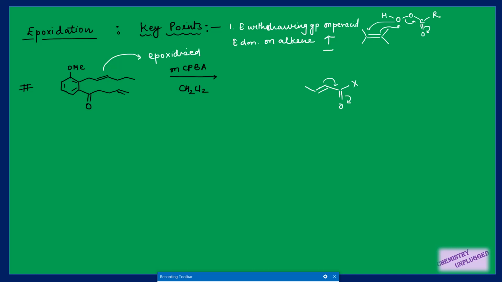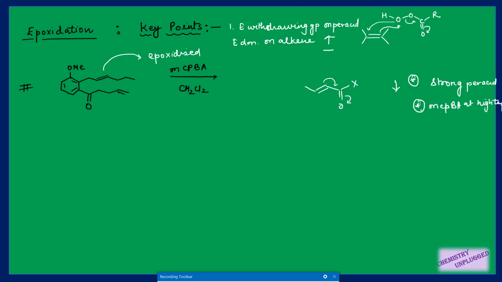That is why it is not easily available for donation, so its epoxidation ability will decrease, right? So whenever you have this type of groups, most of the time MCPBA is used with high temperature conditions, right? Strong per acids are used, we can use strong per acid for them. We can use MCPBA at high temperature.